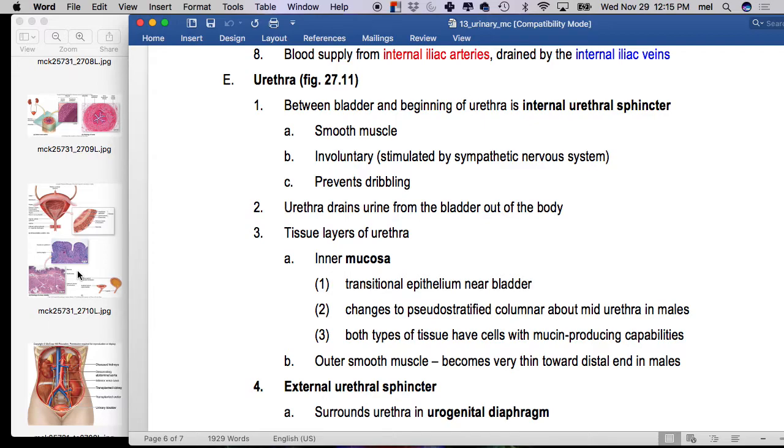The tissue layers, go ahead. I have a quick question about nocturnal enuresis. Uh-huh. If it is not an endocrine issue, could it be a sphincter issue? When you're not actually producing urine when you're sleeping. What could cause that except for endocrine? Because the production of urine is different than the expulsion of urine.